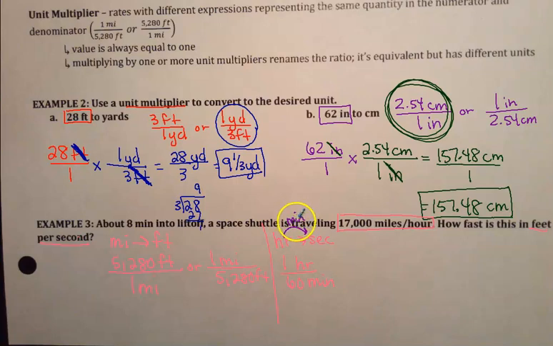Go hours to minutes and then minutes to seconds. All right, so we have 1 hour over 60 minutes, or 60 minutes over 1 hour. Now you don't have to write all these. I'm trying to help you think through. And then we need to go minutes to seconds. So 1 minute is equal to 60 seconds, or 60 seconds is equivalent to 1 minute.